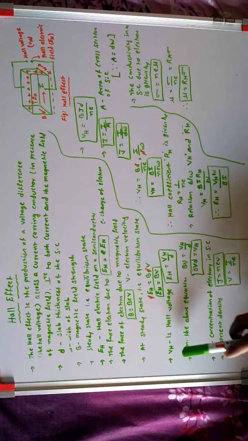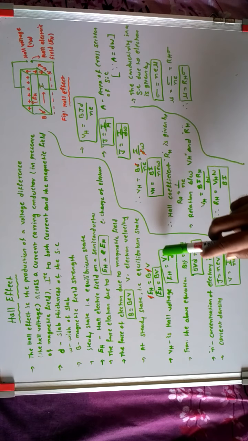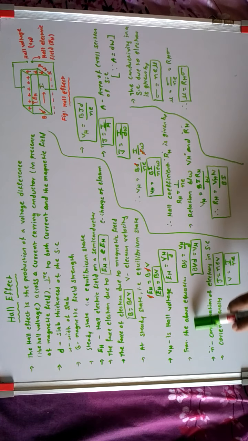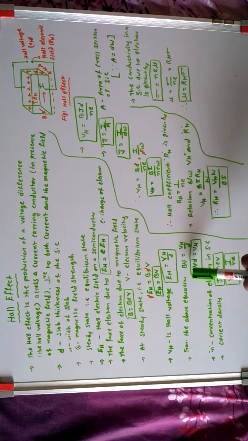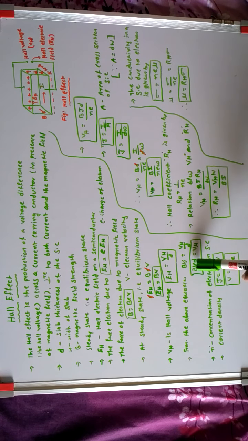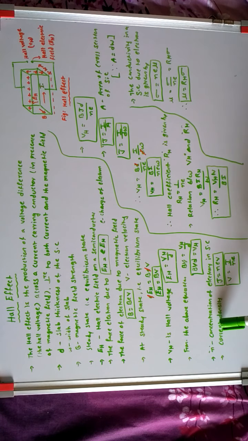Next, to calculate the Hall voltage, the formula is EH equal to VH by d. Substituting the EH value, VH by d equal to Bv, so VH equal to Bvd. Here n is the concentration of electrons in the semiconductor.